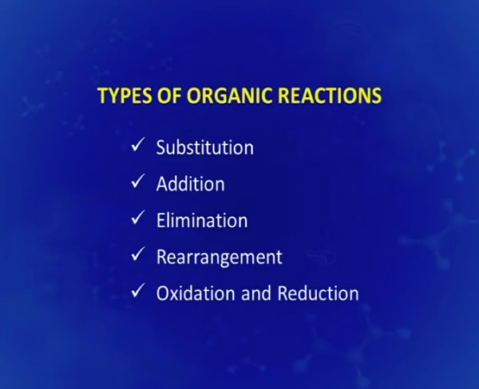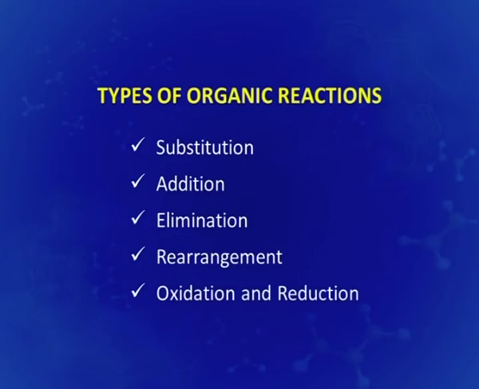Rearrangement reactions are very important in organic chemistry. There are a number of rearrangements which are known by the names of the various scientists who discovered the reactions. All those rearrangement reactions will be dealt with in the rearrangement types of reactions. Oxidation and reduction reactions, though not very specific to organic molecules, can in general be carried out by all types of reactions.